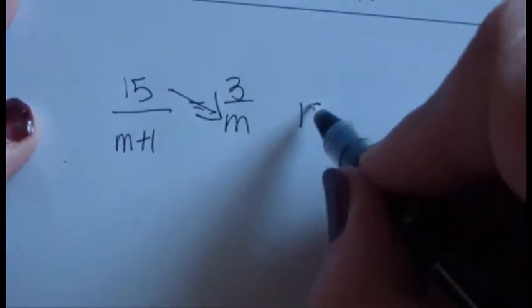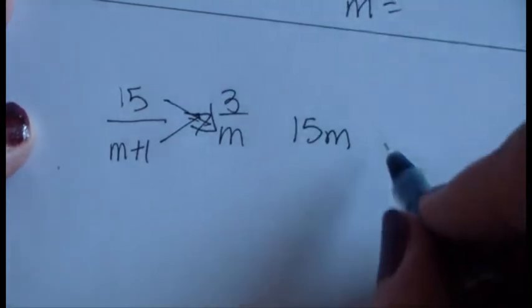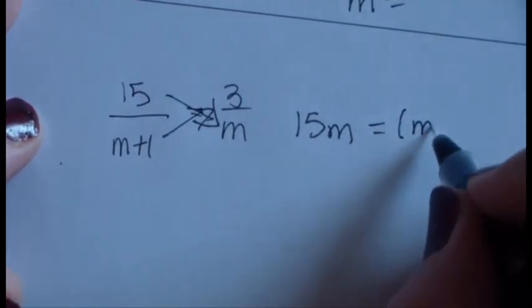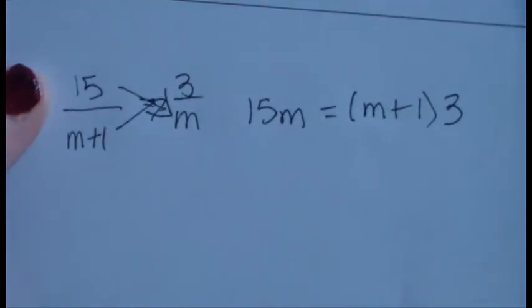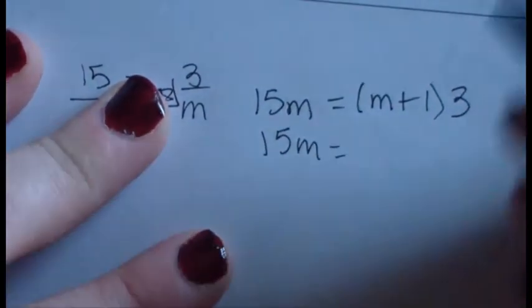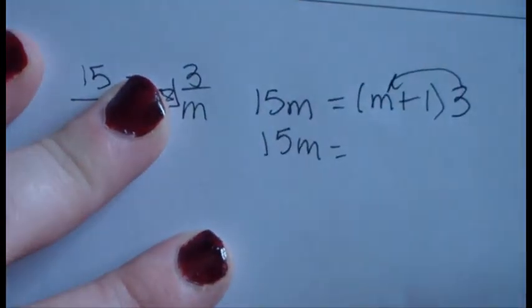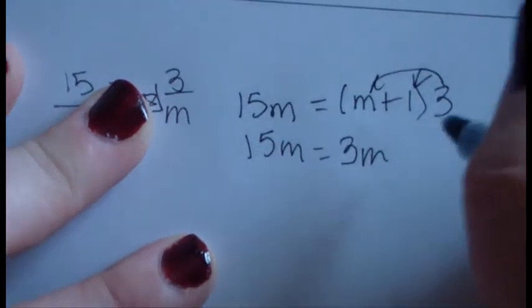So 15 times m, just 15m. M plus 1 times 3. So put that m plus 1 in parentheses so you don't forget to multiply everything by 3. So distribute. 3 times m is 3m. 3 times 1 is 3.